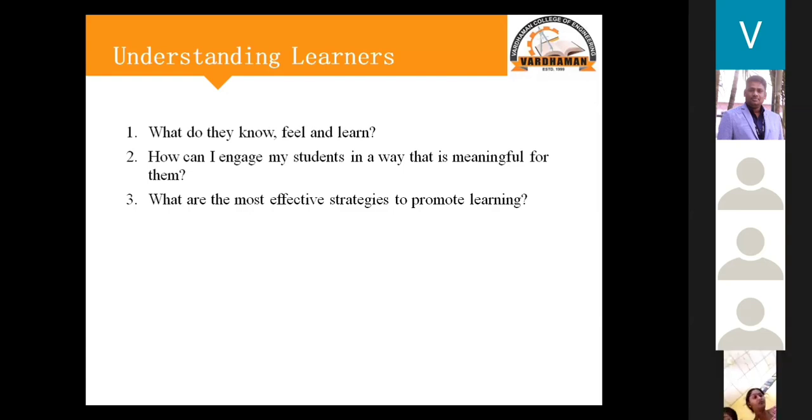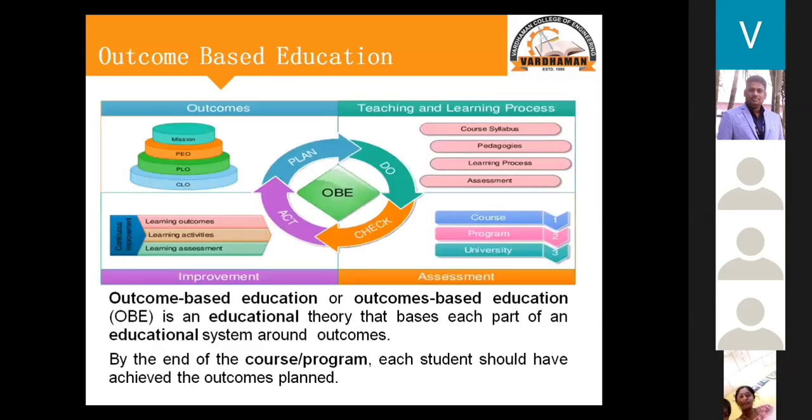So moving on, these days, wherever we work or wherever we look, every educational institution says we are following outcome-based education. So what exactly is this outcome-based education all about?